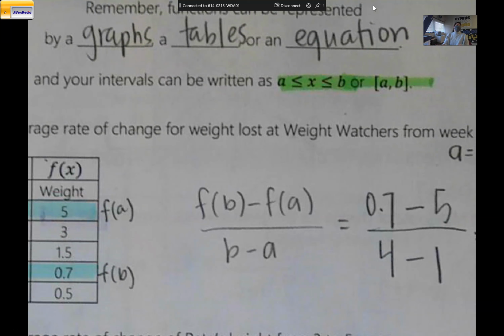So we first learned rate of change as slope, rise over run. The fancy way of saying it is the change in y over the change in x.